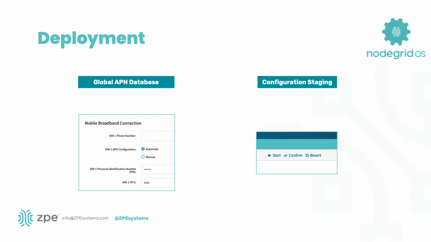A second feature which we introduced specifically in Nodegrid 5.6 is our configuration staging capabilities, which allows you to automatically roll back from a change which might have caused a connectivity loss, like pushing a wrong firewall configuration or bringing an interface down.